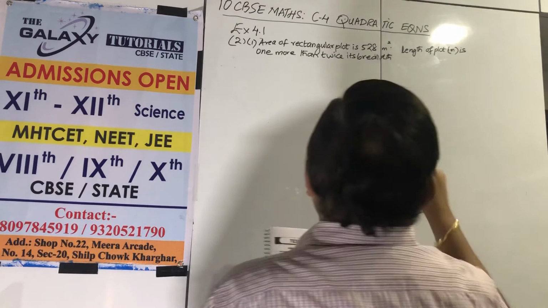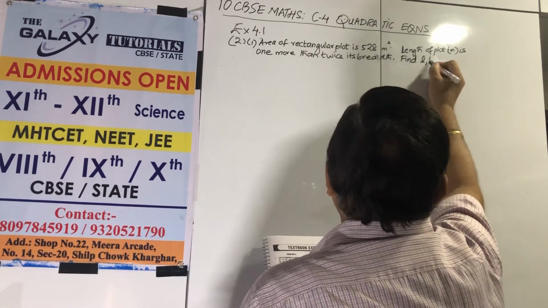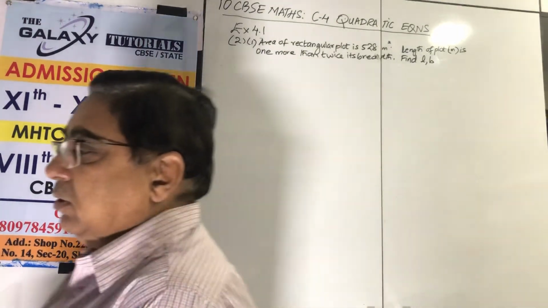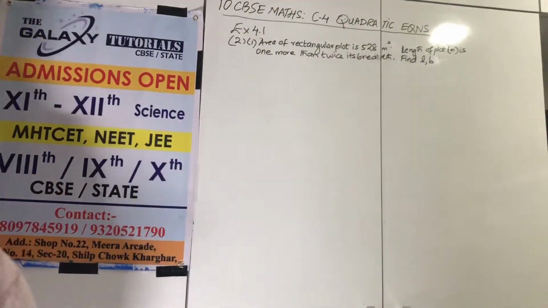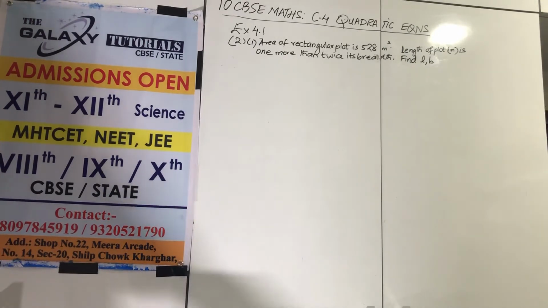Find length and breadth of the plot. This is the sum they have given us, my friends, as you can see, and we are supposed to convert it to the quadratic equation.